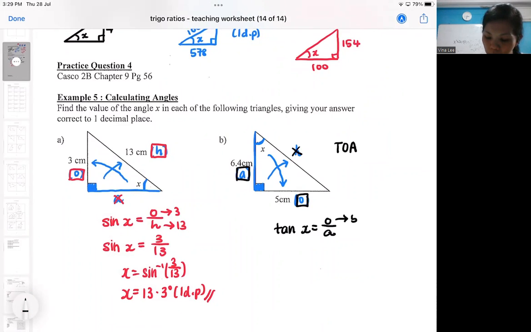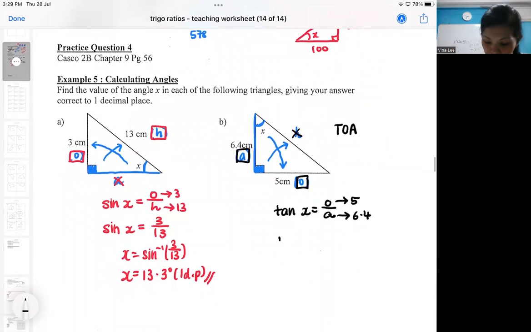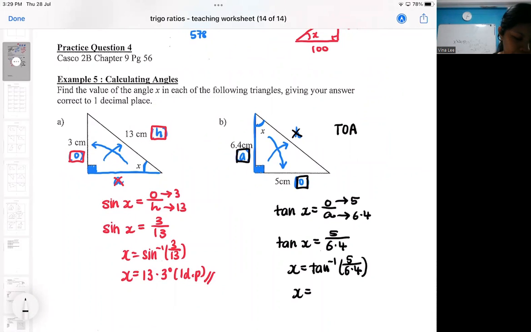Put in your O, put in your A. That will be just like a normal formula. Okay, so we are finding angle. So activate the inverse. Remember, you are giving it to 1 dp. O-level standard will be 1 dp.